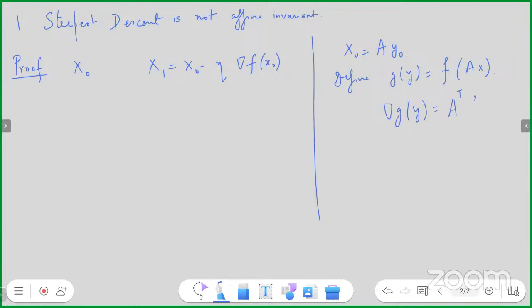A transpose gradient F of AY. Okay, this much. Now what should I do to prove that it's not the same? Now this is one line.